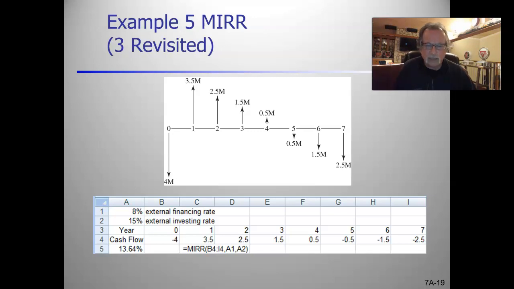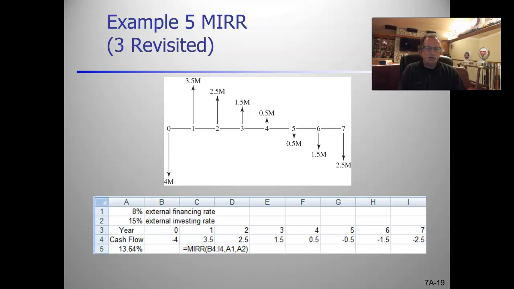The first thing I would do when I see a multiple sign change in a project I'm analyzing is plot the present worth over a range of -80% to positive 100%, just to see what the present worth function looks like as a function of interest rate, and then see if I really have a mess. If I really have a mess, the mess being I have multiple positive roots, using the external rate of return / modified internal rate of return is a potential solution.